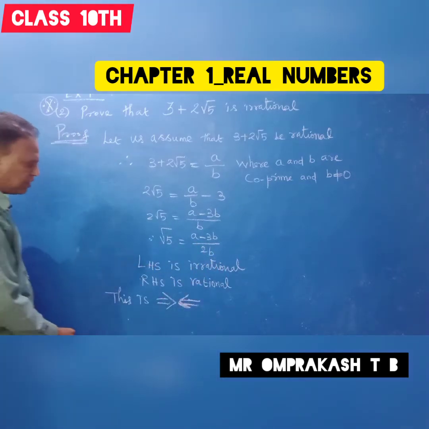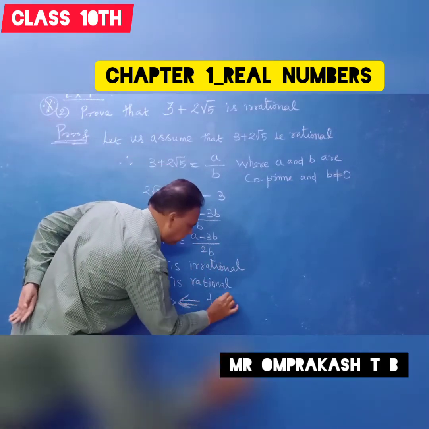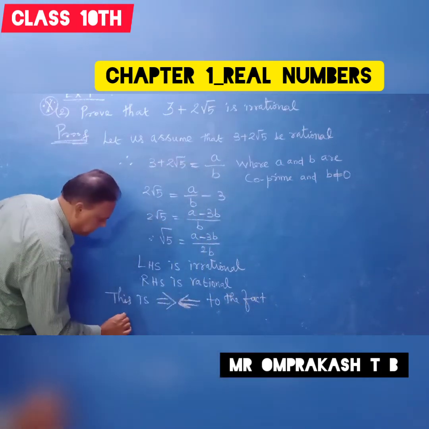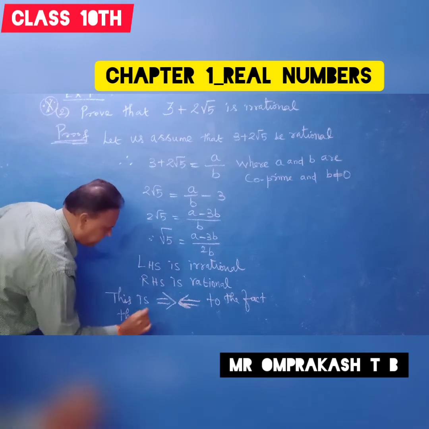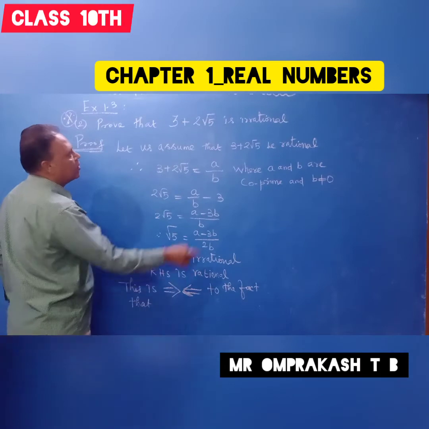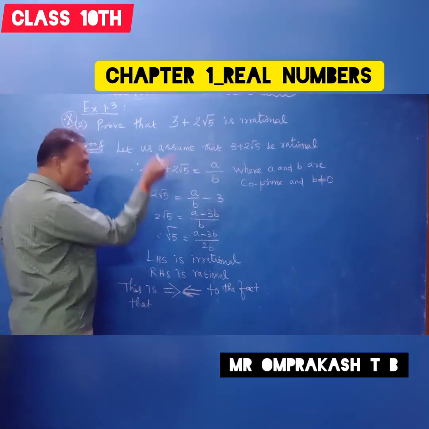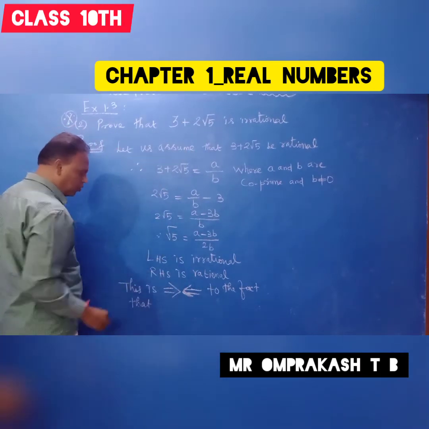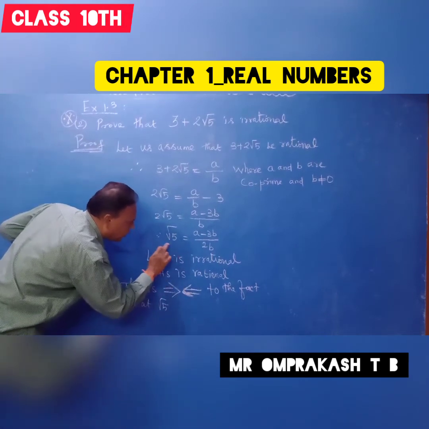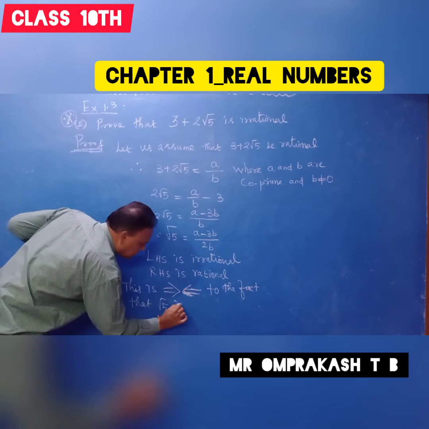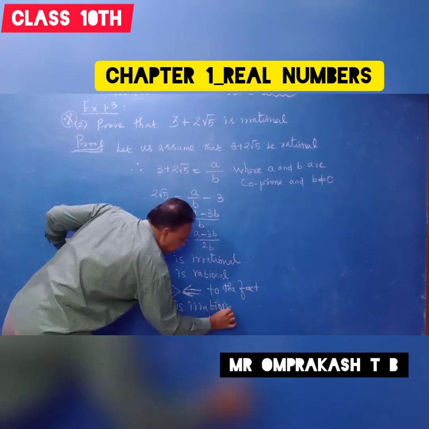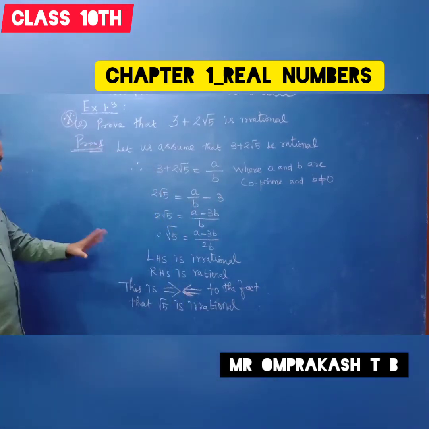This is a contradiction to the fact that root 5 is irrational. Already we proved root 5 is irrational. Because of root 5, this is a contradiction. Root 5 is irrational.